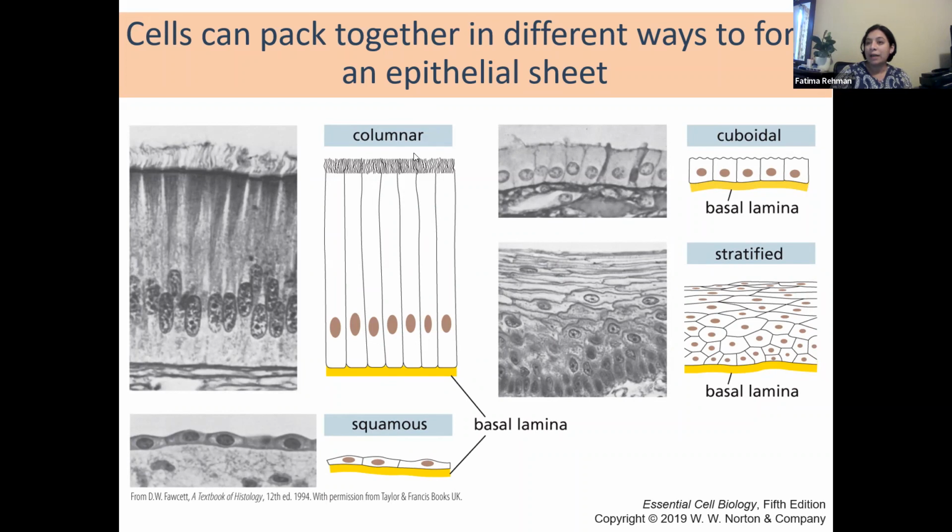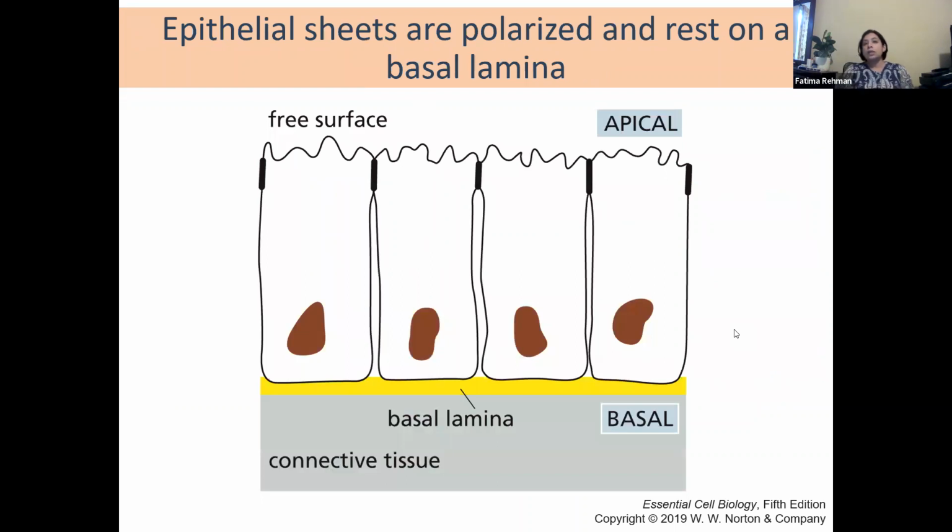Columnar cells will many times have an apical and a basal side that is very different in the type of proteins that are present in the membrane and in their function and permeability. And that helps them perform some cool functions because of that. So epithelial sheets are polarized and they rest on that basal lamina, which is again going to be connected to the connective tissue.